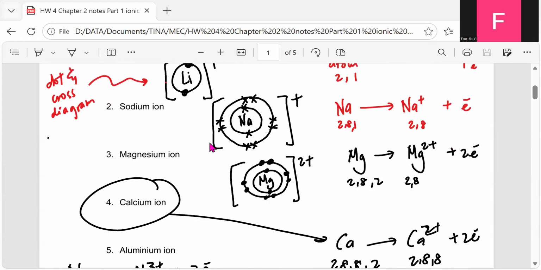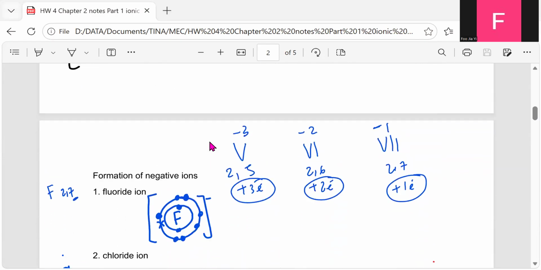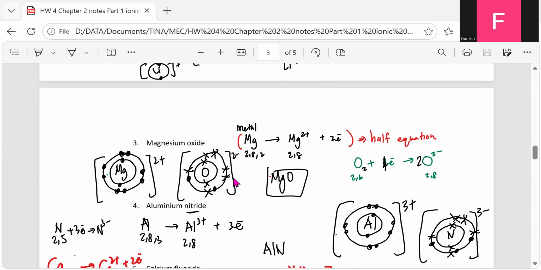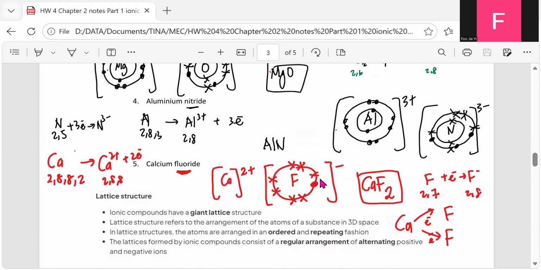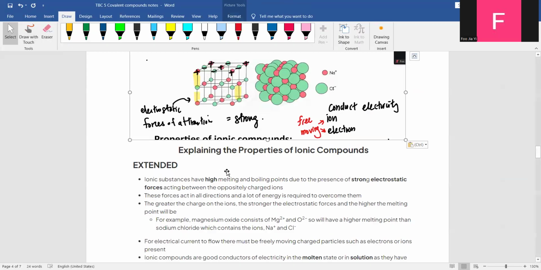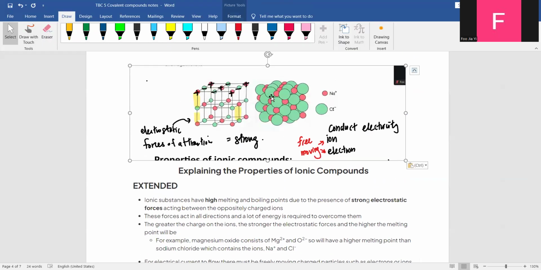For ionic bonds, it's like this, where the metal releases electron to become a positive ion, the non-metal receives to become negative, and then it just looks like this. This is the ionic compound. Ionic compounds are made from ions. And what you need to remember is there are very strong electrostatic forces of attraction between the ions. So they can only conduct electricity when they are molten or aqueous, and they cannot conduct electricity when they are solid.